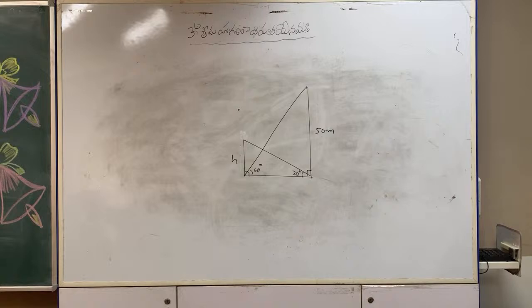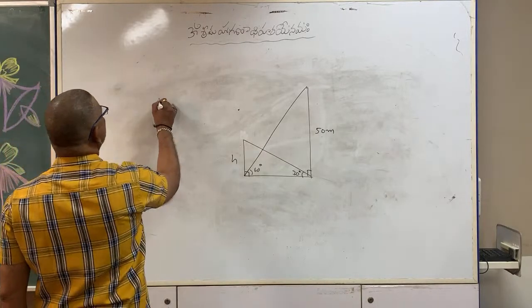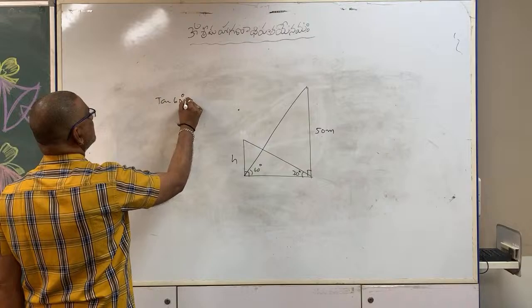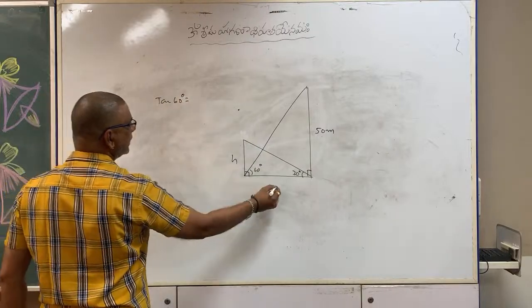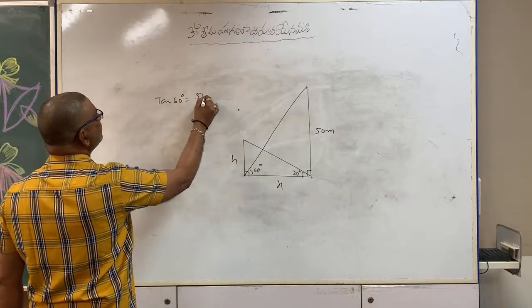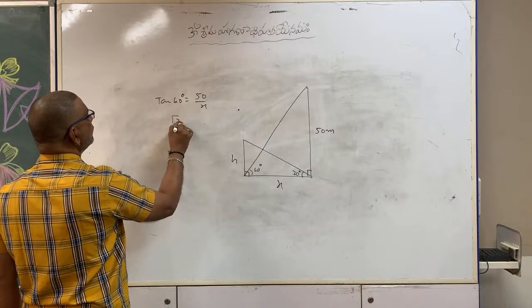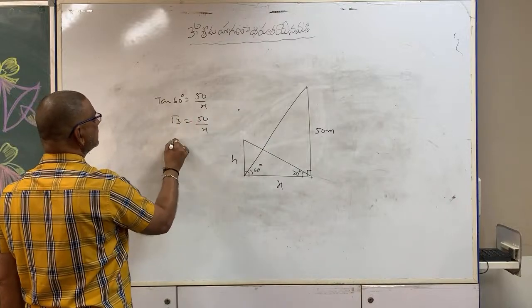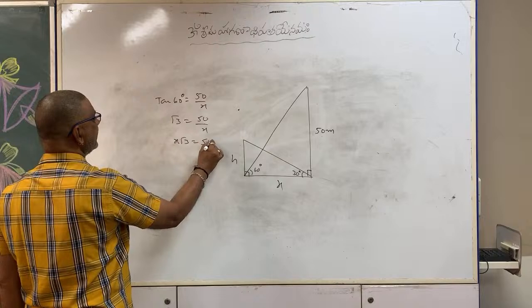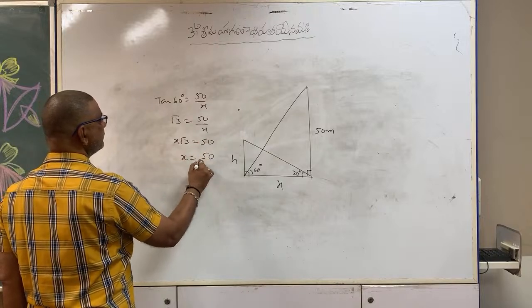Venkatesh says 16.6. Tan 60, let it be x: root 3 is 50 by x, x root 3 is 50, x is 50 by root 3.